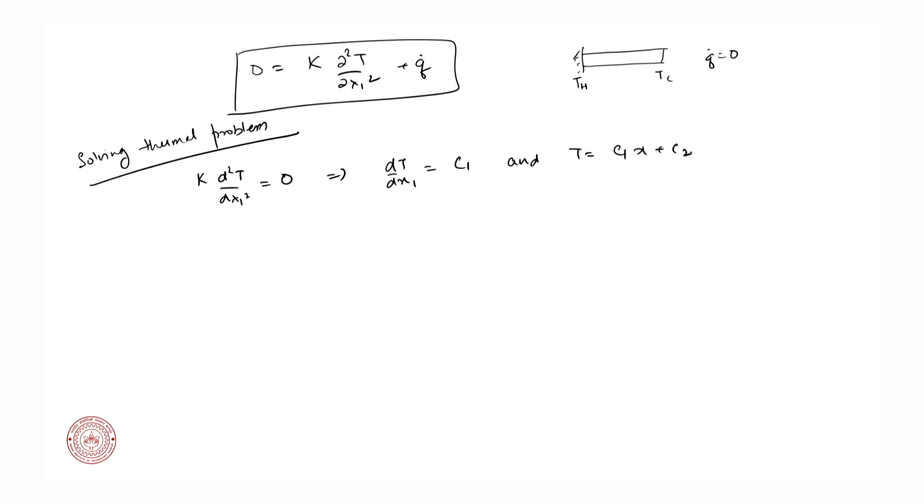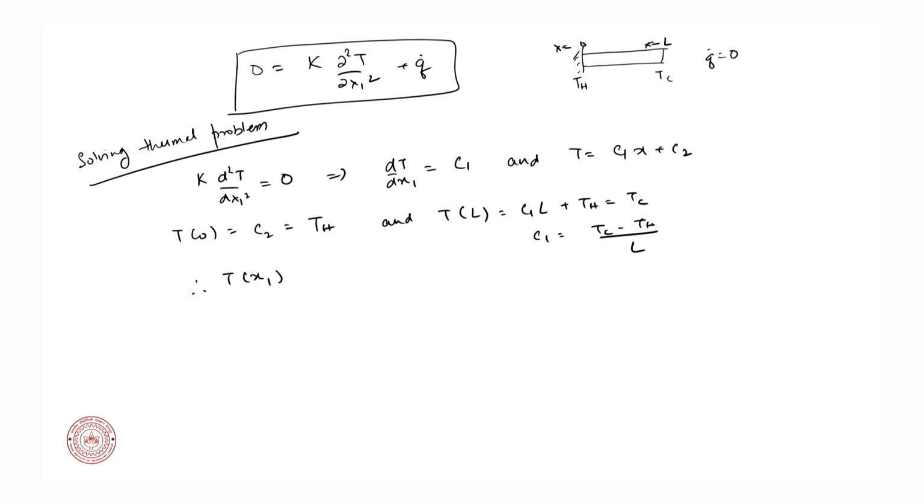Now, with these boundary conditions, if we put at x equals 0, T is equal to C2 and that is equal to T hot, and T at x equals L, say this length is L, this is 0, then T at L is C1L plus T hot is equal to T cold. Therefore, C1 is equal to Tc minus Th over L. Therefore, our temperature equation T of x1 will be equal to T hot minus T cold over L into x1.